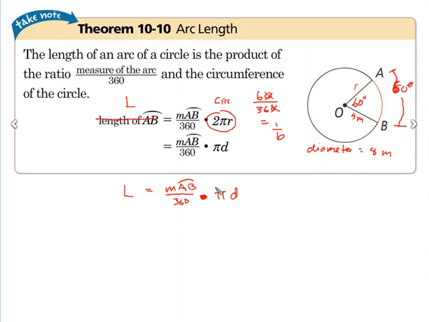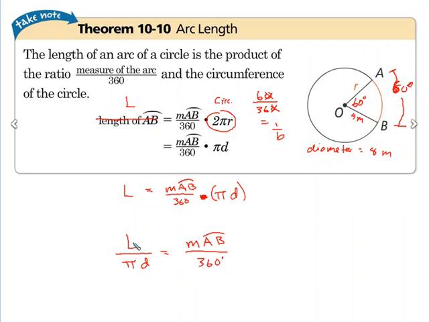Now, if I divide both sides by the circumference, we get a proportion. So I'm going to write this as the length of the arc divided by the circumference, pi d, is equal to the measure of the arc in degrees divided by 360.